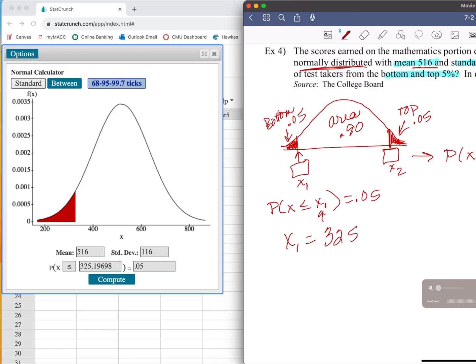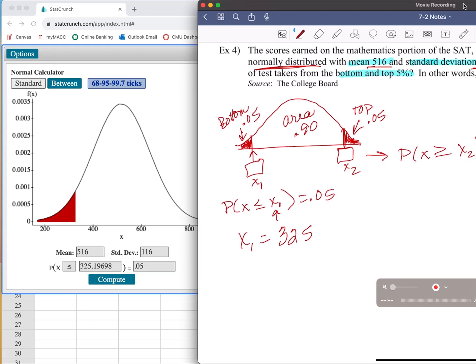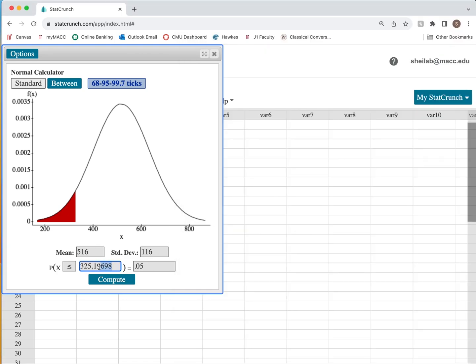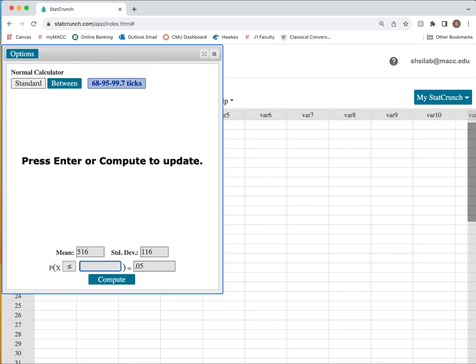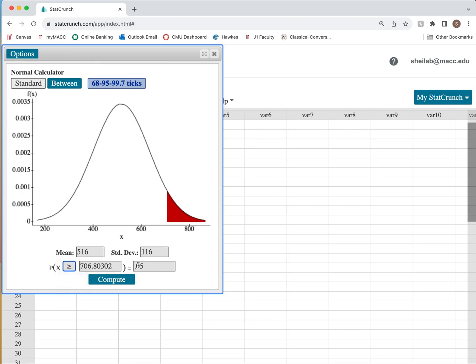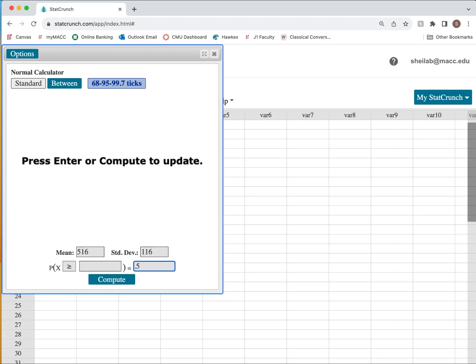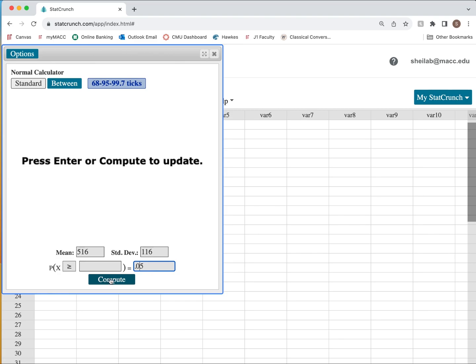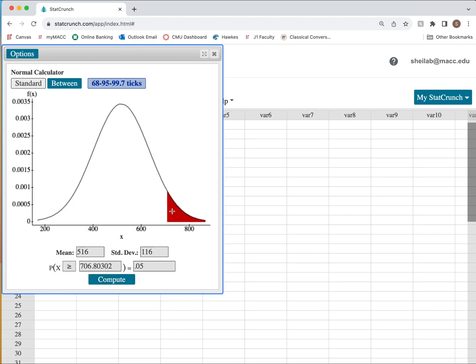And then I'm going to come over here and figure out what X2 is, right? So that's this other side. All right, so this is not what we need. I want to say what is greater than. I want greater than the 5%, because that's greater than that 5%.